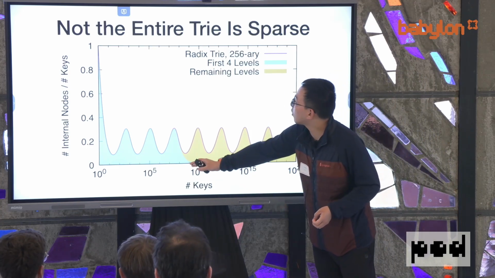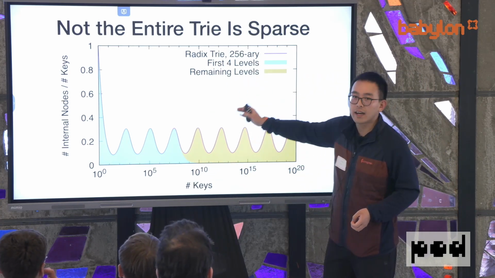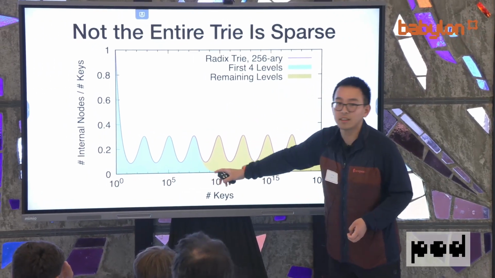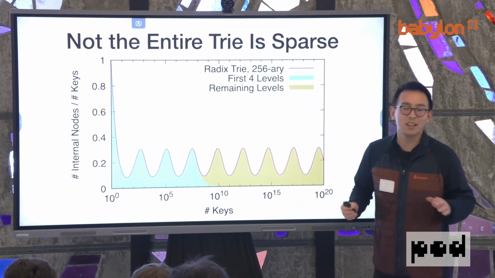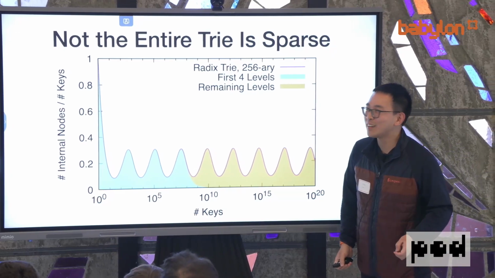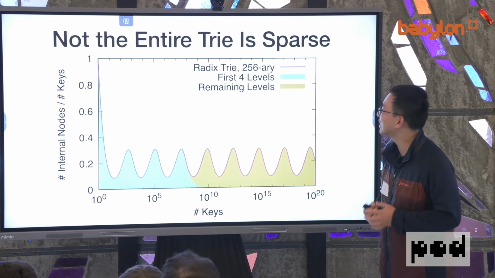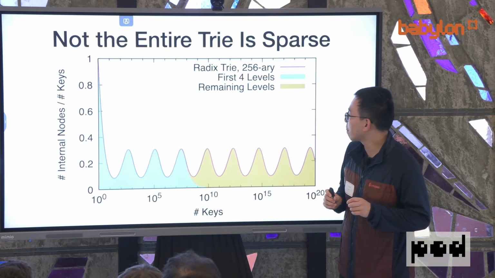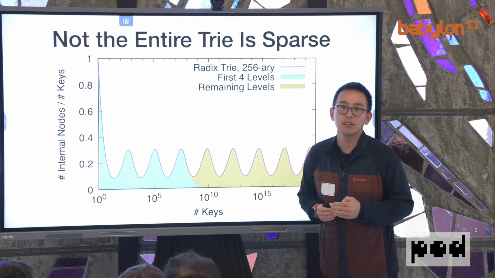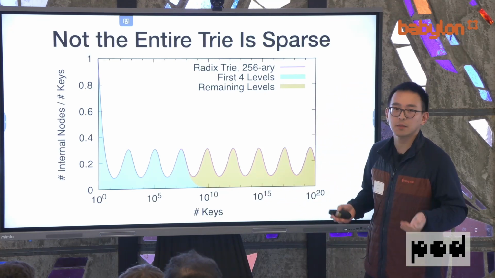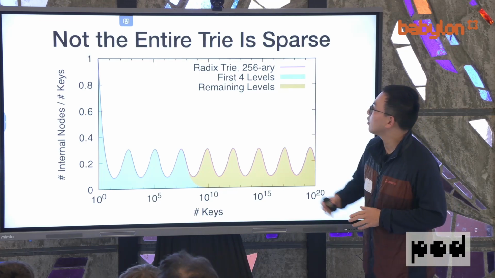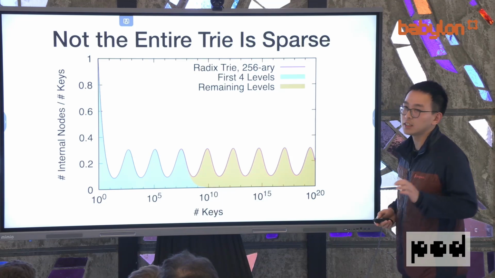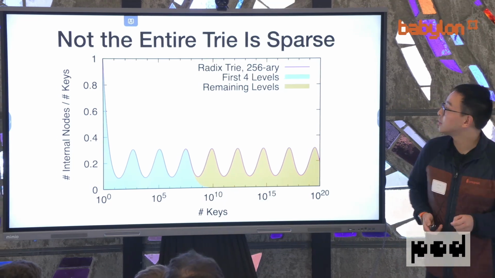After a certain point, the first 4 levels are filled up, and you can see that the contribution of the blue part dies down. It only makes sense, right? You cannot fit an infinite number of key value pairs within a finite number of levels. So the insight here is that if you are willing to use the trie for at least some certain number of key value pairs, the first few levels become very efficient. They converge to complete trees. That's the insight that we're taking here.